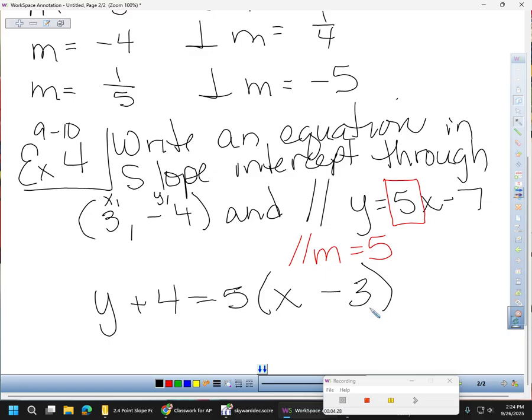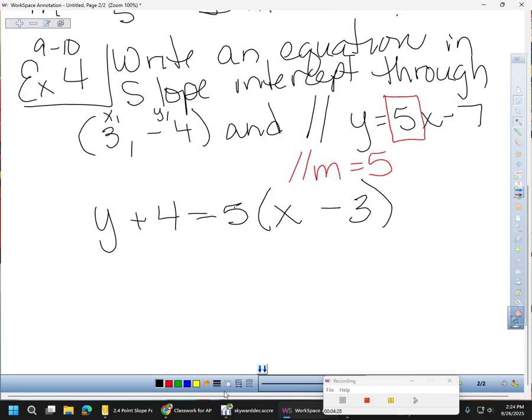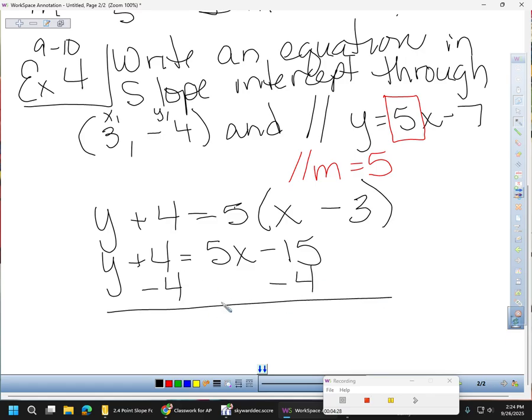Logan, what 2 steps do I have to do? Distribute. So y plus 4 equals what, Logan? Perfect. And then what do I have to do, Justin? Good. I got to get y by itself by subtracting 4. So I get y equals 5x minus 19.